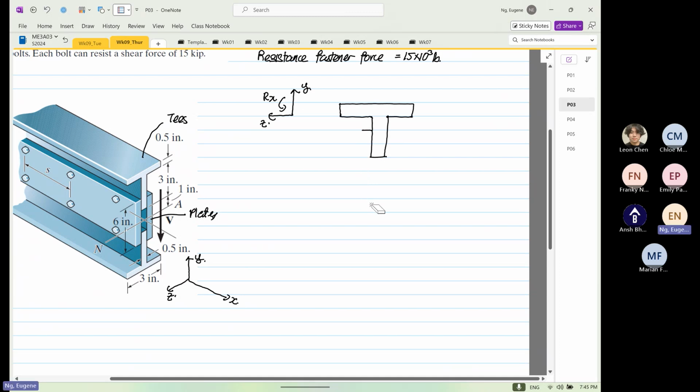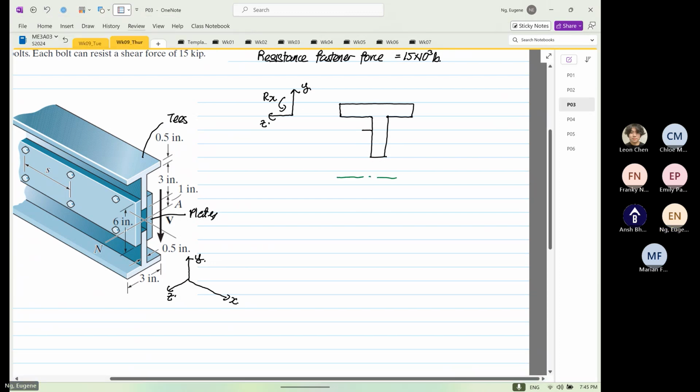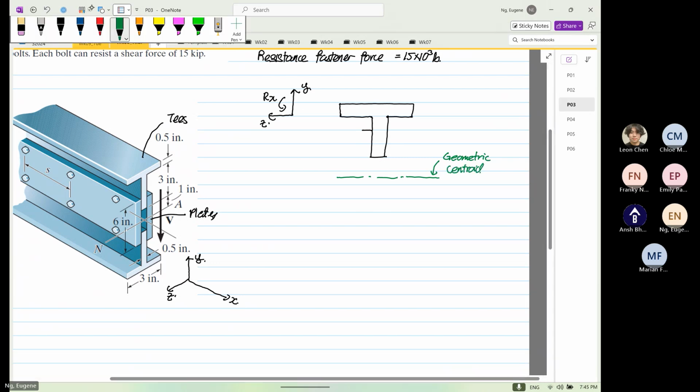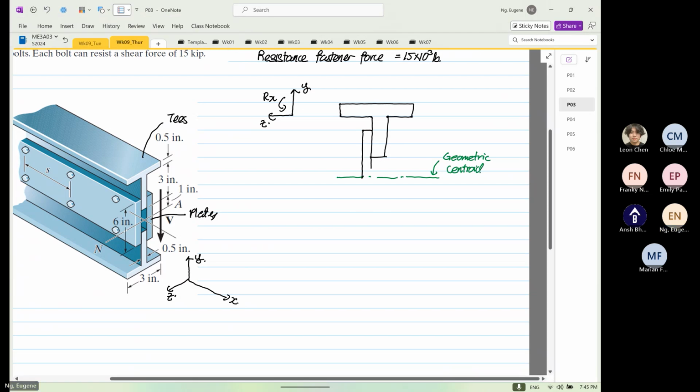I'm only going to sketch up to the geometric centroid. Okay, so I'm going to declare that over here, this is my geometric centroid. Then we have a fastener put over here.